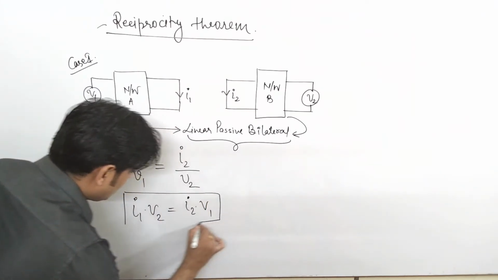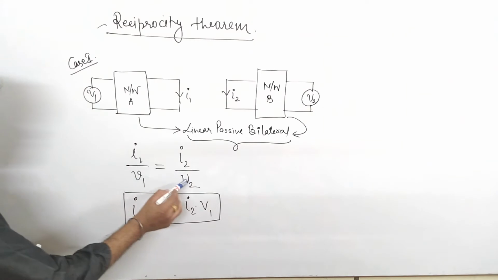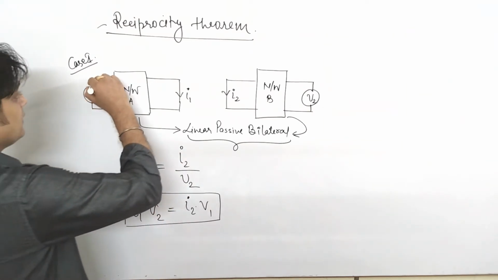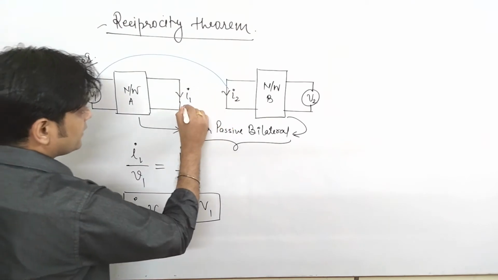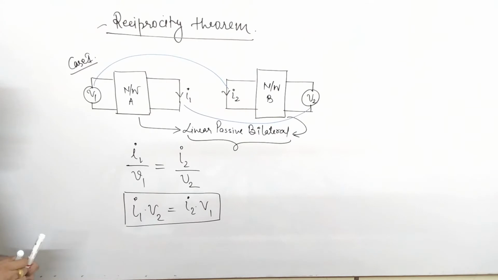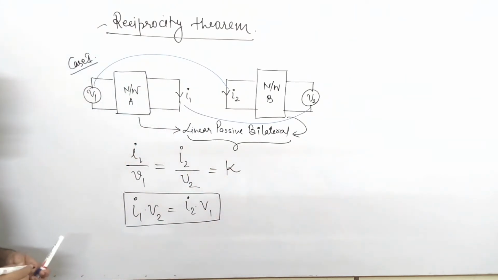This is your condition of the reciprocity theorem. Multiplication of I1 V2 is equal to V1 I2, or you can also say this is a constant factor K.